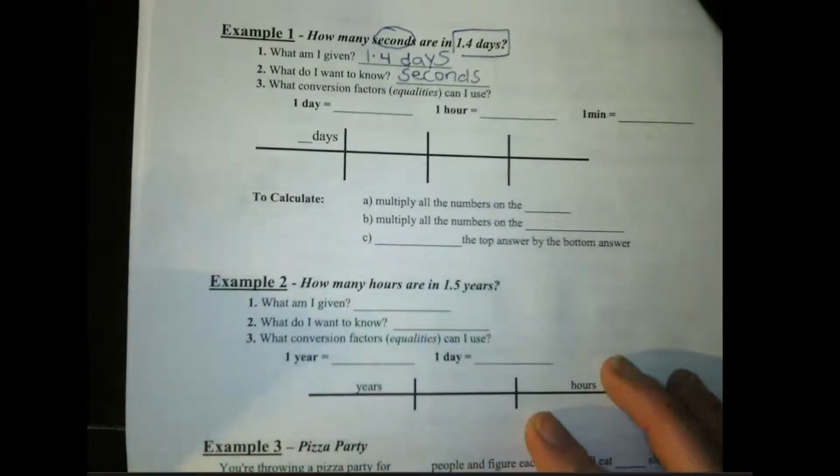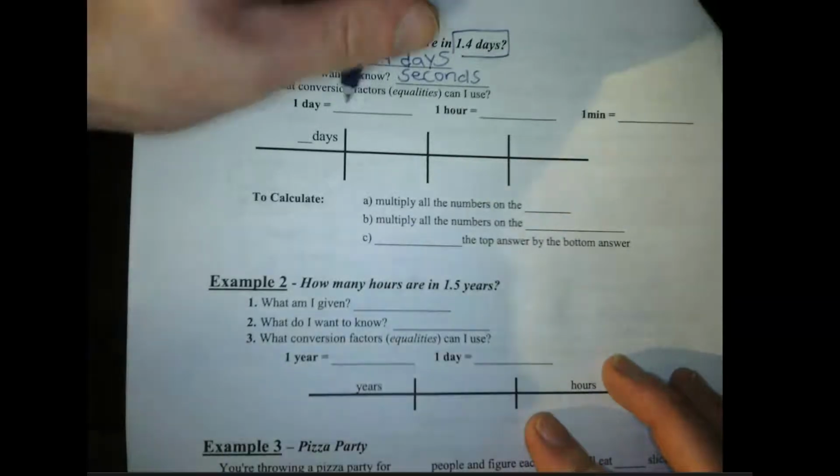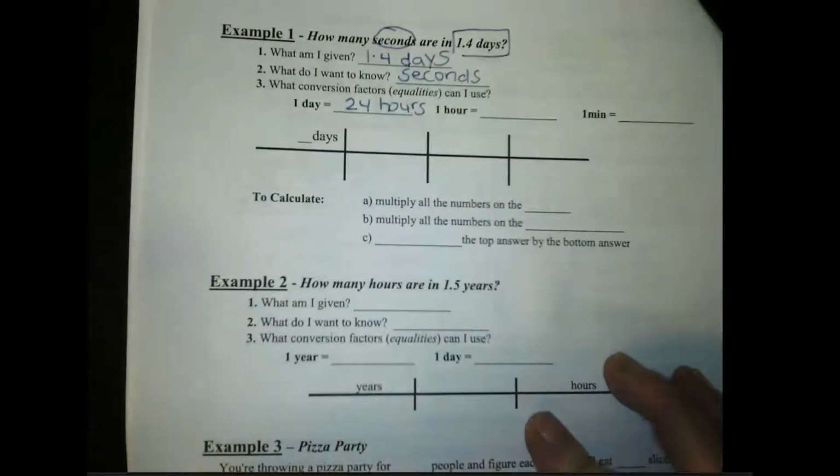And then it says, what conversion factors or equalities can I use? Okay, so we know these. 1 day is equal to 24 hours. 1 hour is equal to 60 minutes.